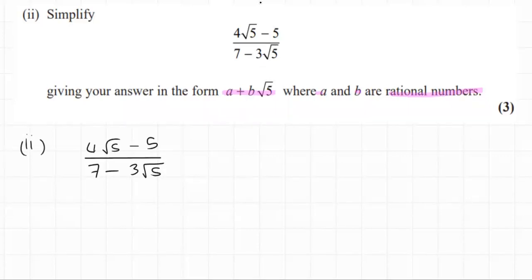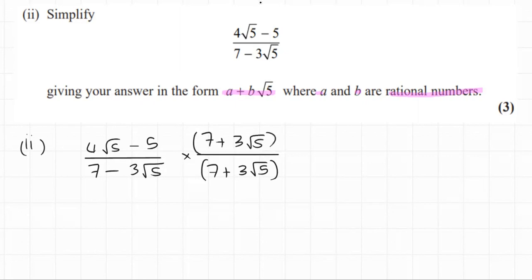The way we do this is we times it by 7 plus 3 square root 5. And of course, what you do to the denominator, you need to do to the numerator. So 7 plus 3 square root 5 on the top as well. So what do we get? Well, 7 times 4 square root 5 is 28 square root 5. And do the outer term and the inner terms.